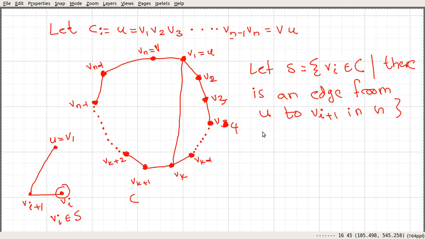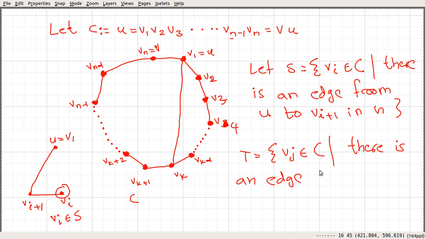And we define one more set. Let's call that set T. It is going to be all vertices belonging to this cycle C such that there is an edge from V to Vj in G. So if there is a direct edge from this V, which is equal to Vn, to any vertex in this cycle, then we will add that vertex to this set.